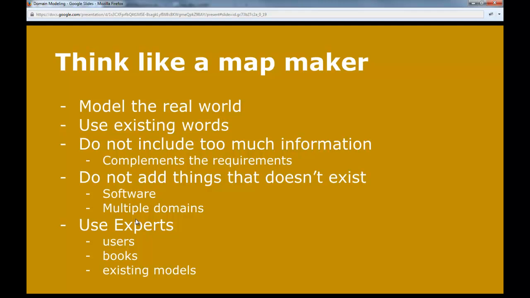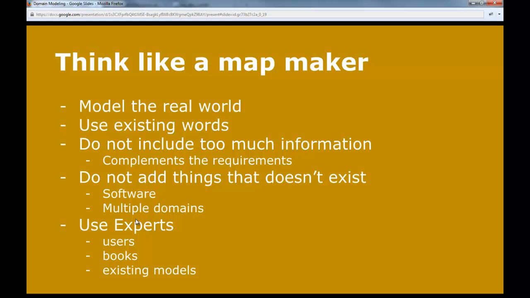Don't include too much information. Maps are abstractions. They don't put every little grain of sand or tree in a map, but they have some kind of a focus. Find this level in your domains also. And think about complementing the requirements, as I said before.